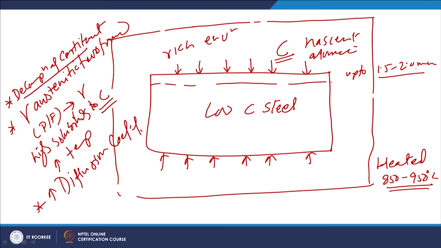So, obviously, since the carbon is getting diffused in the subsurface layers of the steel, there will be a concentration gradient as well. In this depth there will always be a concentration gradient, and the concentration will always be higher at the surface and decreasing in the subsurface region.